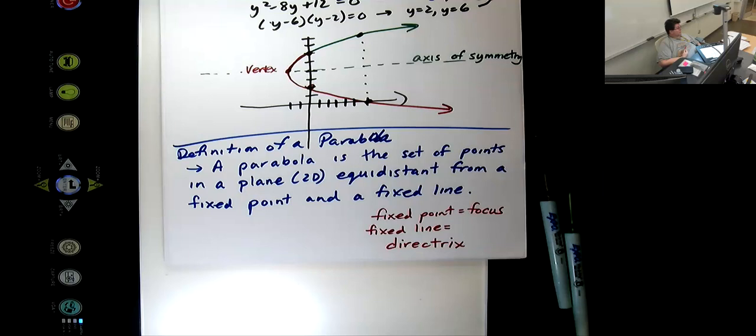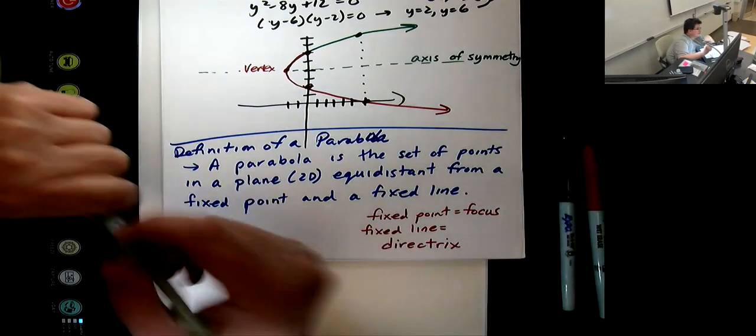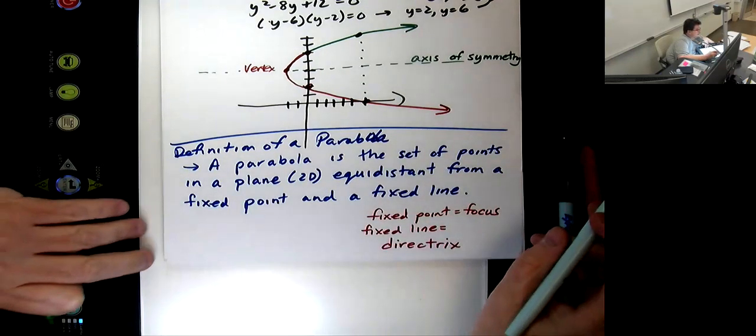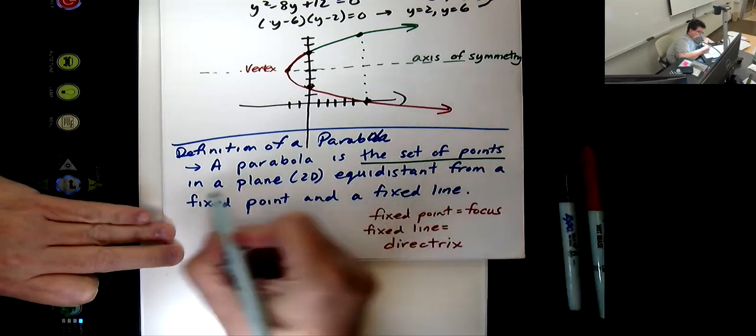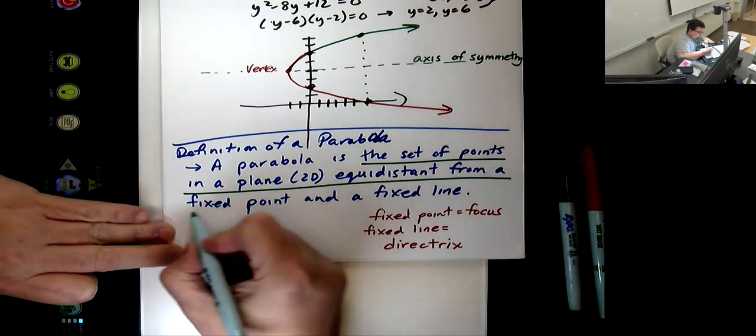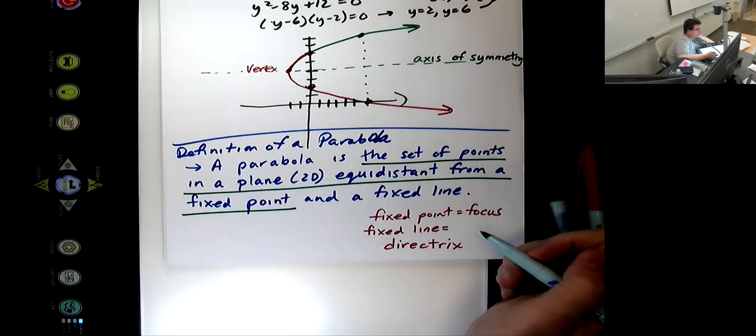It's actually really, really close to the definition of another shape you know really well. If I said the set of points in a plane equidistant from a fixed point, what shape does that describe?